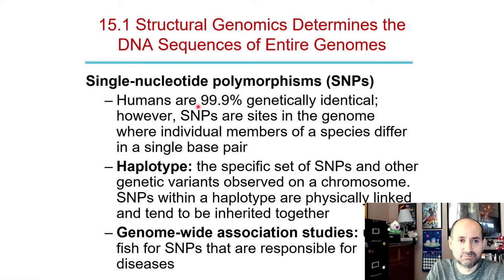Humans are 99.9% genetically identical. However, we do differ in our SNPs, okay? And so we can study these SNPs, and by those SNPs, we can determine relatedness.